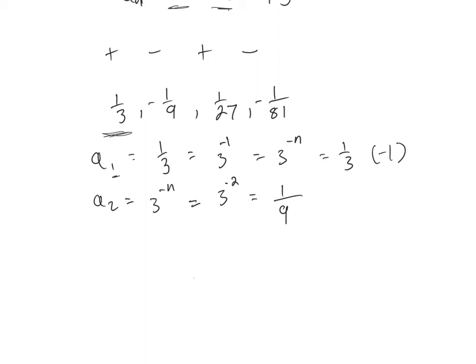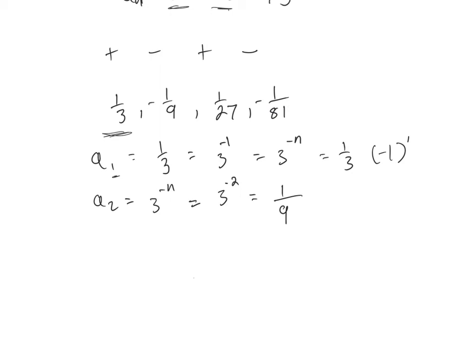Even powers will make that negative 1 positive, and odd powers will make that negative 1 negative, and that allows us to control the negative-positive function. So if it's starting with a positive, I want my exponent to be positive. So I don't want it to be n, I want it to be something else.